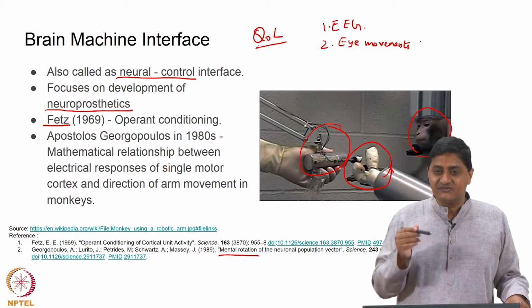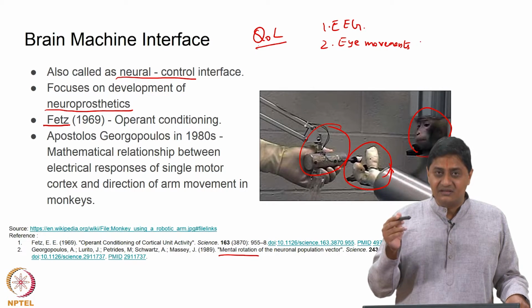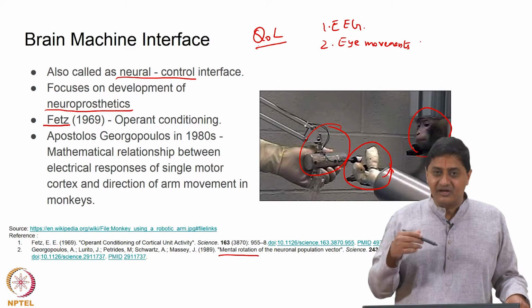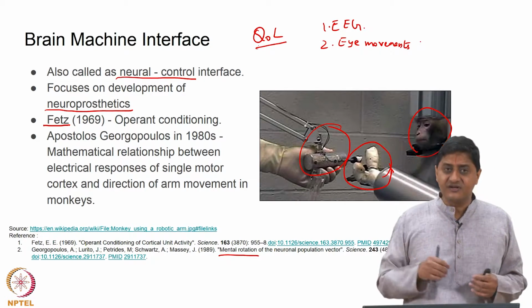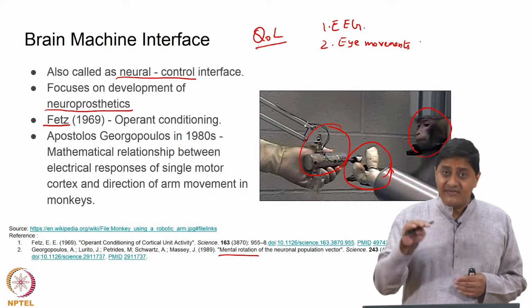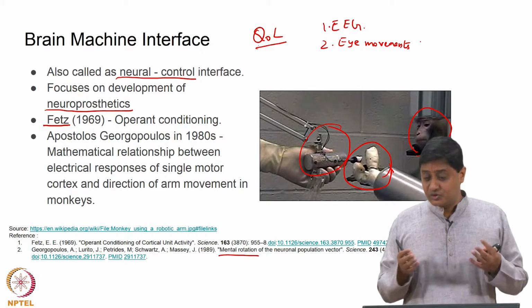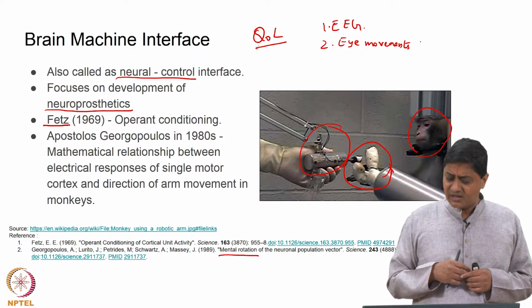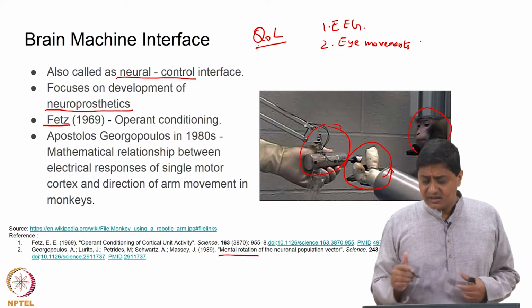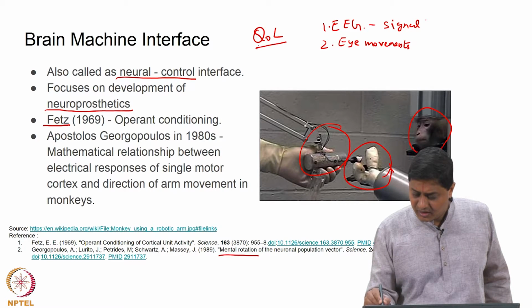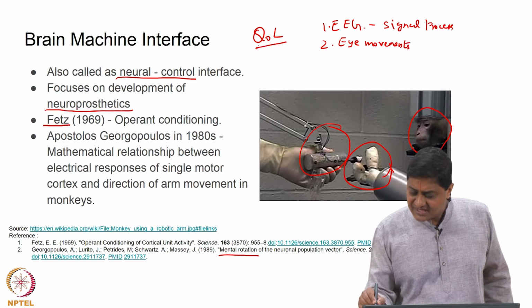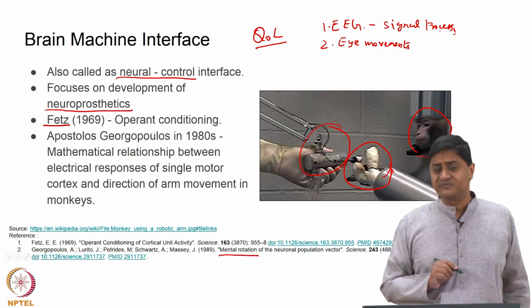There are several things between: scalp, skull, dura mater, pia mater, subarachnoid matter, cerebrospinal fluid, then the surface of the cortex, and then the activity may be deep. If it is too deep, then EEG may not be able to pick it up. So, there are several challenges, yet advanced signal processing algorithms are available to classify these.